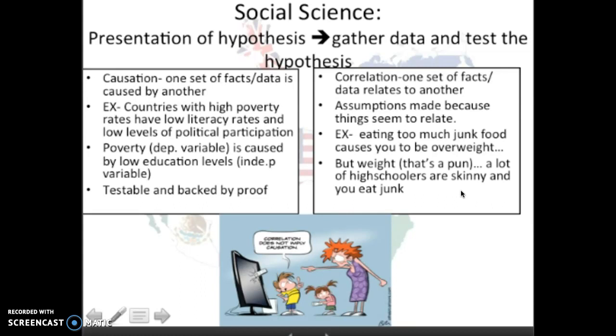However, as high schoolers, y'all eat a lot of junk, and a lot of y'all are skinny. So that's not necessarily a provable causation. Some people can eat junk food and it doesn't affect their waistline. There are other things that play into it, like metabolism and the amount of exercise that you get.